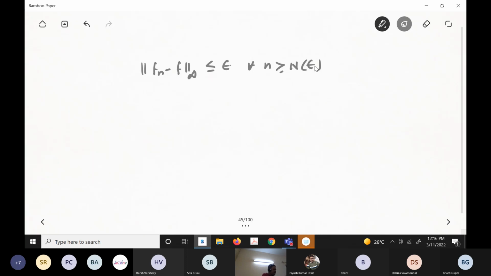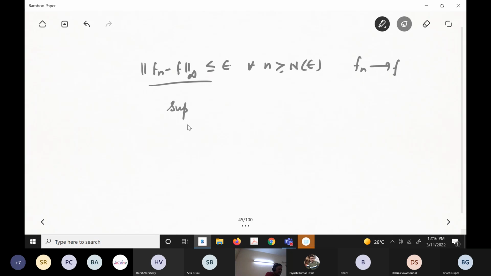So it is fine. But in general, unless the functions are bounded, I may not know this. If f_n converges to f uniformly, then I can always have this.